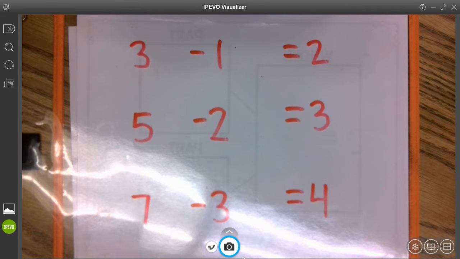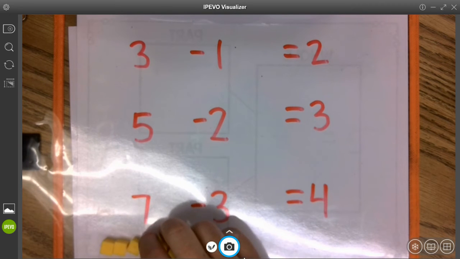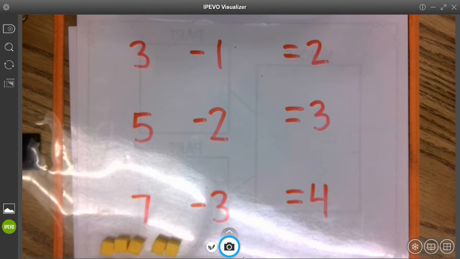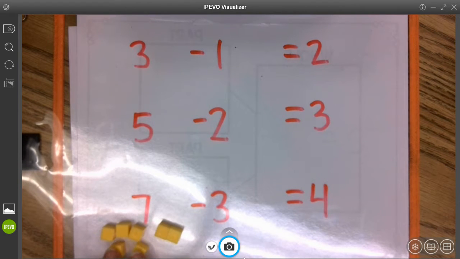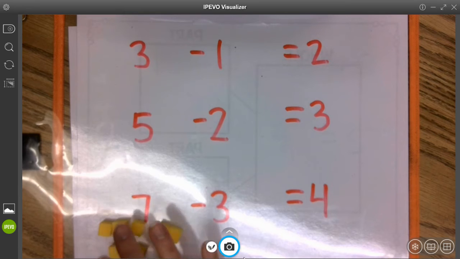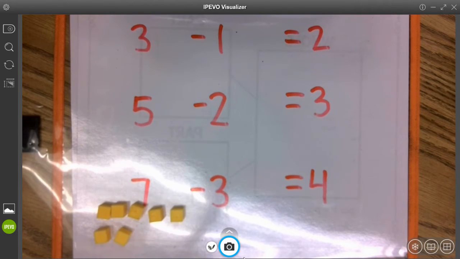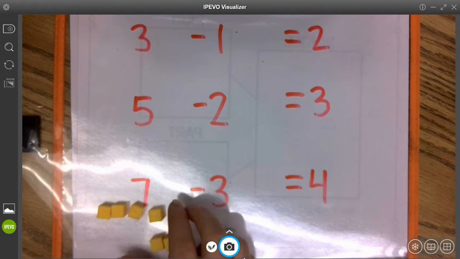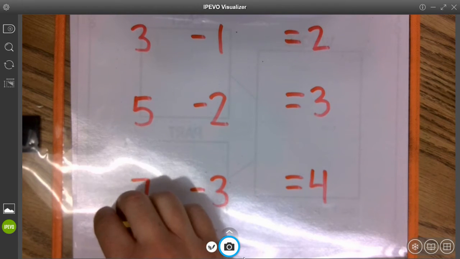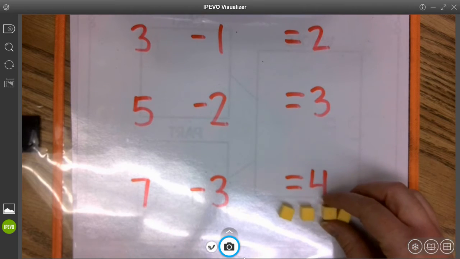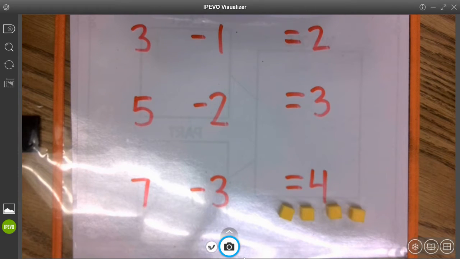Finally, we have 7. Okay, so I have 7 minus 3 leaves me with 4. Okay, so we can model that, we can show that, and prove that our thinking is correct.